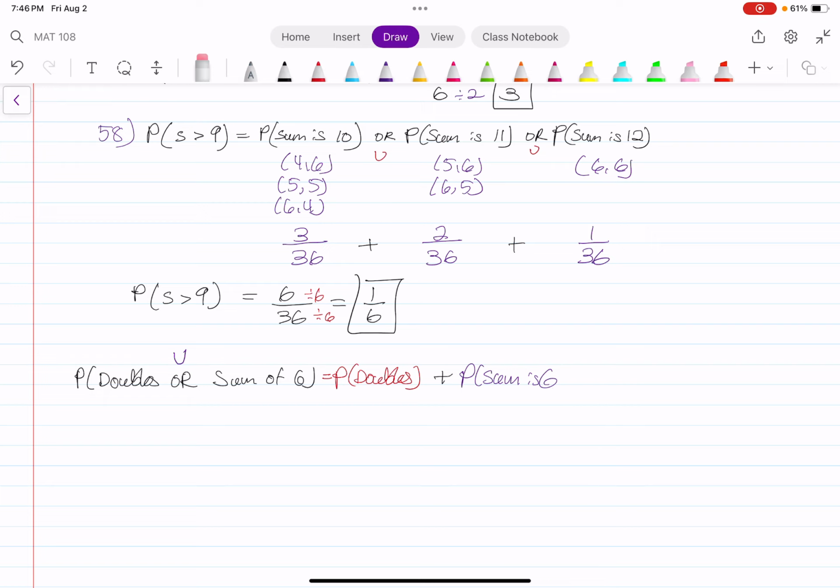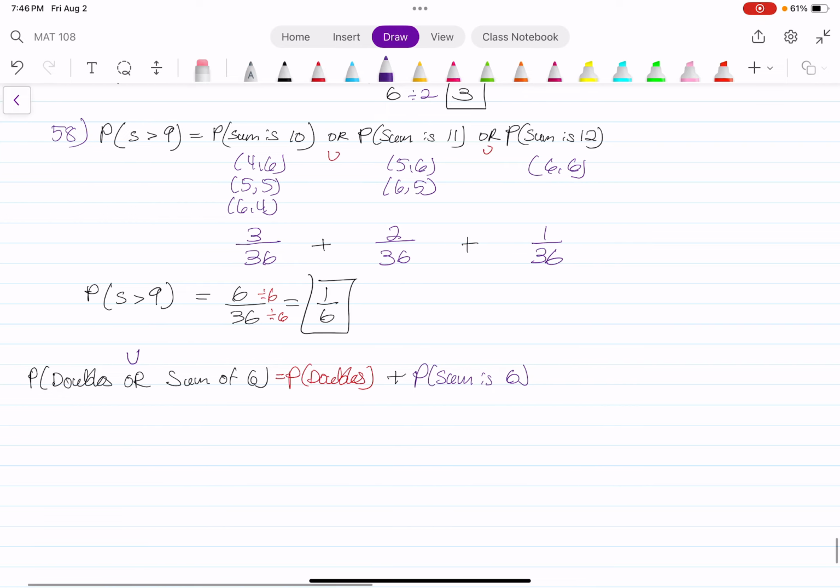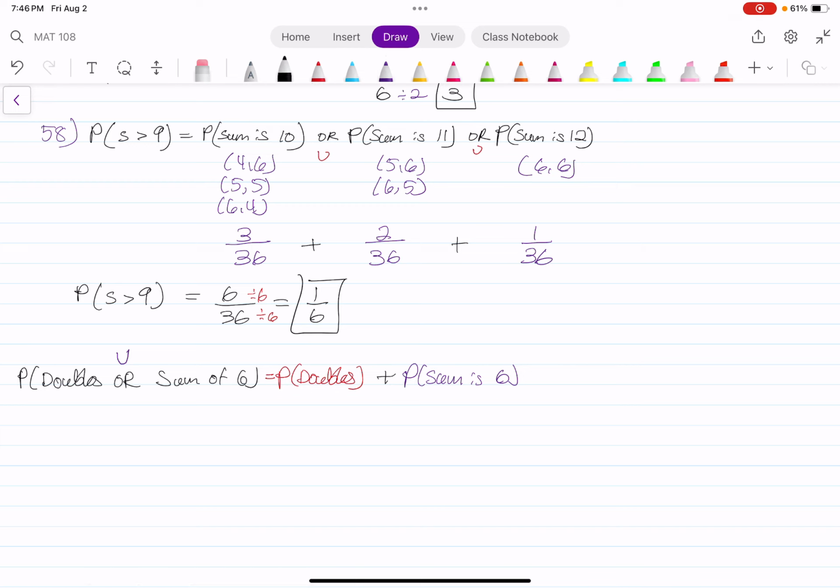Let's write that better. And then you're going to subtract the intersection of the events to avoid double counting, minus the probability of doubles and the sum is 6.